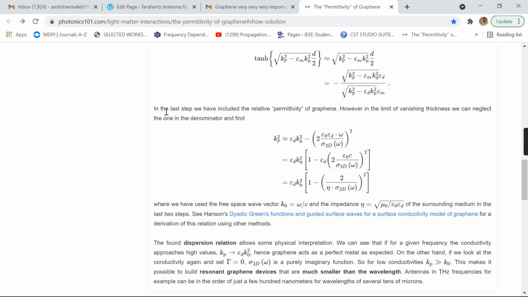they are saying that in the last step we have included the relation for permittivity of graphene here. So in this step they are converting epsilon m into the permittivity of graphene.